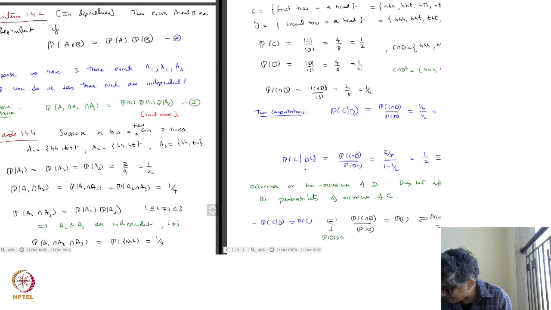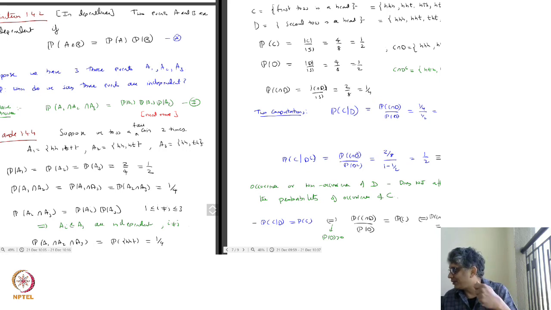Because if I use the conditional probability definition, then I'll have to understand that the probability of D is positive to apply the definition. But I've used this convention that the probability of C and D is 0 when the probability of C times the probability of D is 0, so I can use this line right here. So that's why I use the convention that 2 events are independent if the probability of A and B is the same as the probability of A times the probability of B.